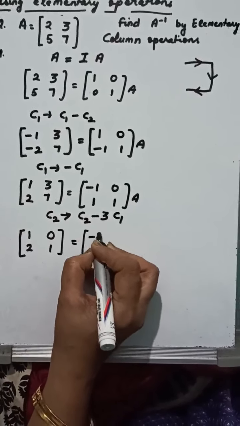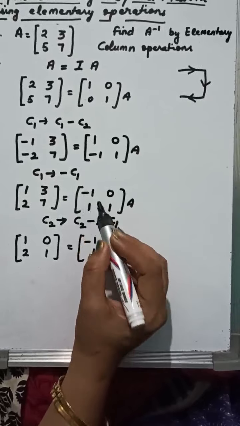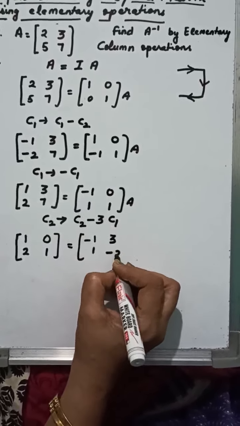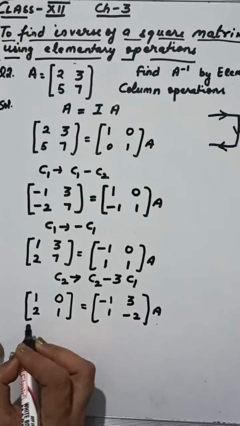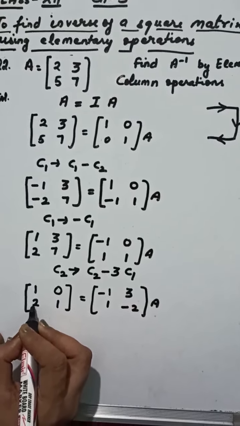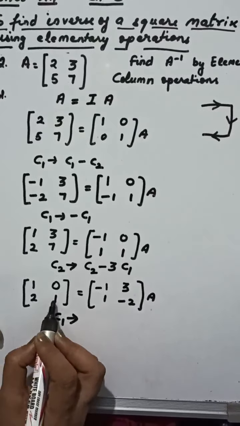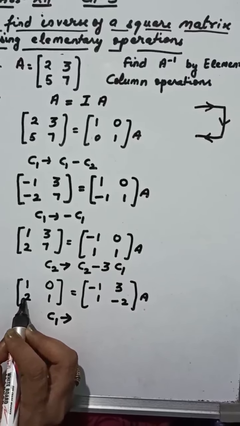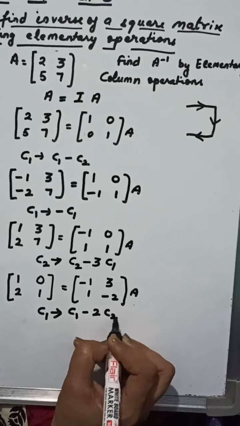Same, first column as it is, 0 minus 3 into minus 1 becomes plus 3, 1 minus 3 is minus 2. Now it is already 1. Now the last step is we want to make this as 0. So apply in C1, if we multiply the second column by 2 and subtract here, 2 minus 2 will become 0. C1 minus 2 C2.